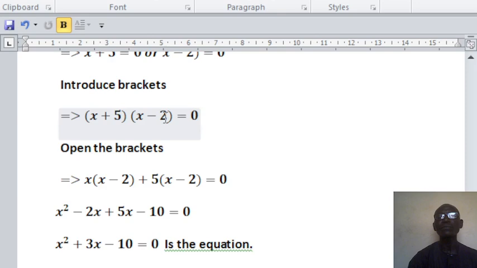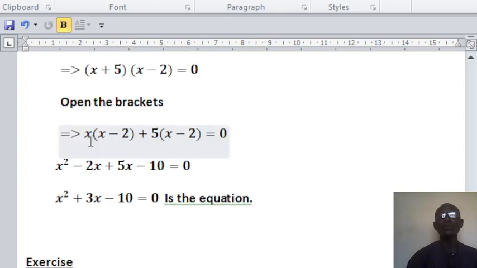Let's go. We have opening the brackets, which I did here. Look at it: this x into this expression here, and plus 5 into the same expression here. In opening the bracket, you have x multiplied by x, you have x squared, and then x multiplied by minus 2. This x is a positive number, so plus times minus, you have minus 2x.